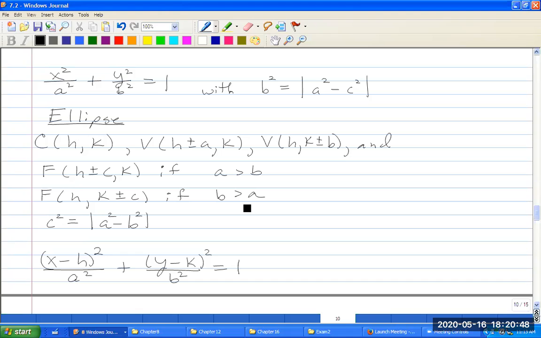I wrote it this way. Doesn't really matter. That's c squared equals a squared minus b squared. So you could have solved this for c squared and gotten a similar thing.